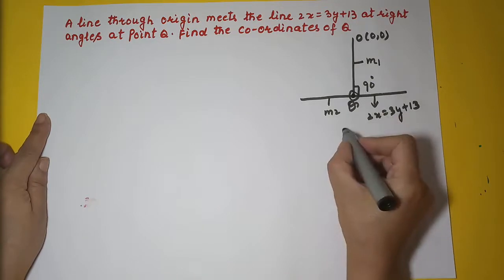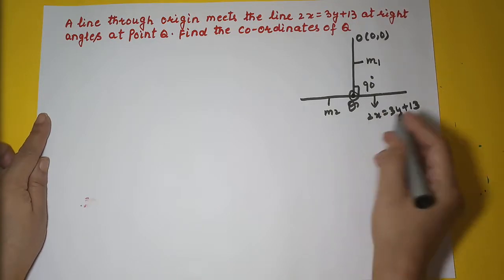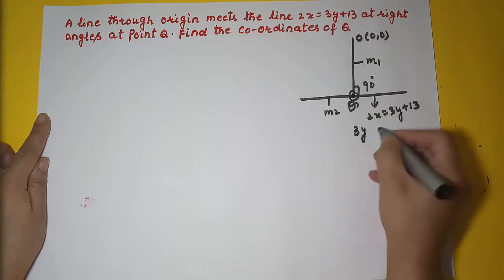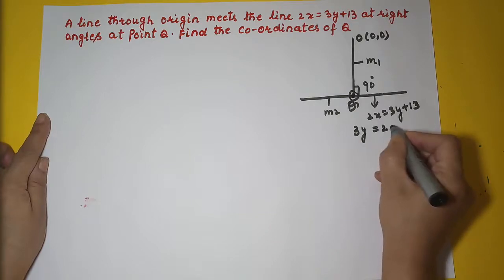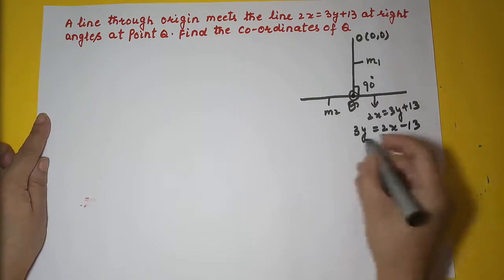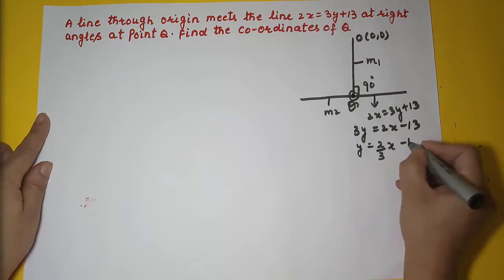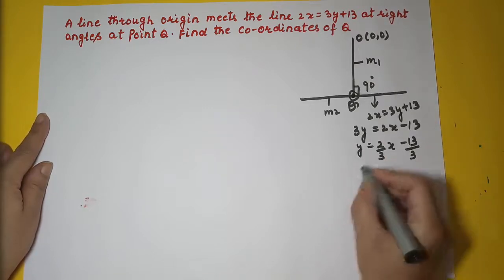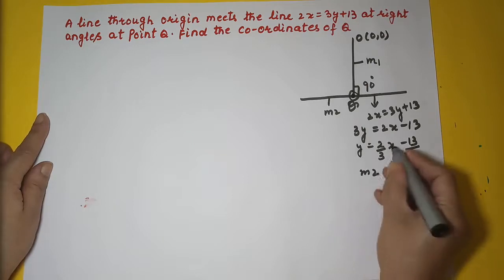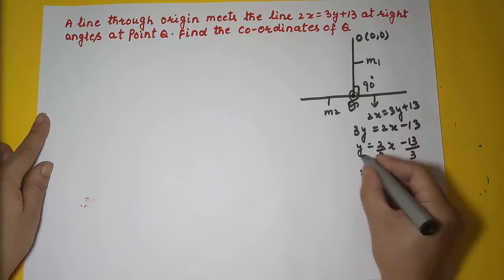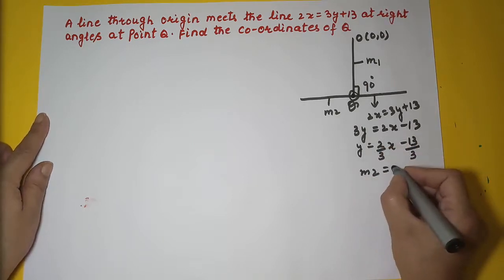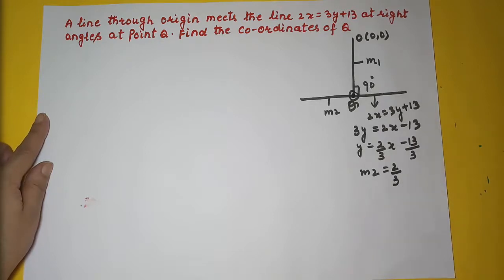So here the equation is, let's shift this to this side. We'll get 3y is equal to 2x minus 13. So my y will be 2 by 3x minus 13 upon 3. So what is my m2? The coefficient of x here. I have converted this into the standard form. So this is 2 by 3, right?